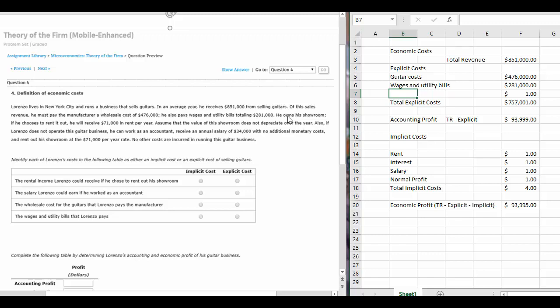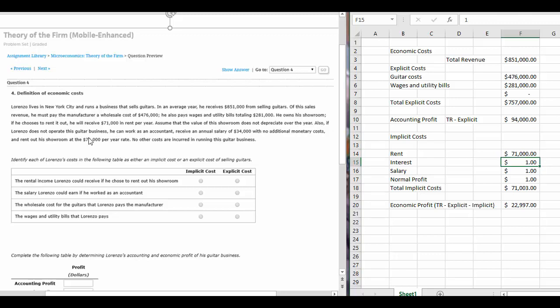Okay, that's not a payment he paid out. That's something that he could receive. So that one's going to be an implicit cost of $71,000. All right, assume the value of this showroom does not depreciate.